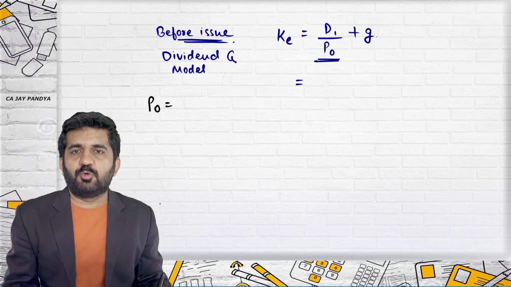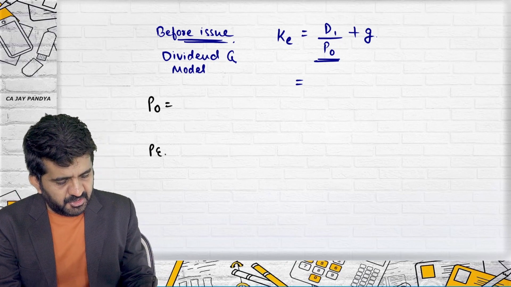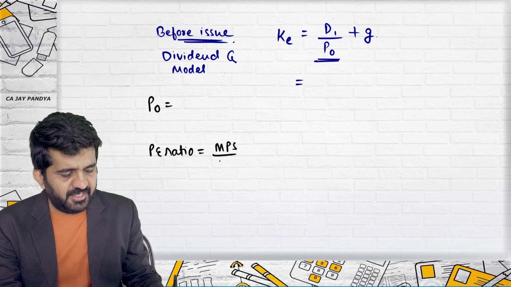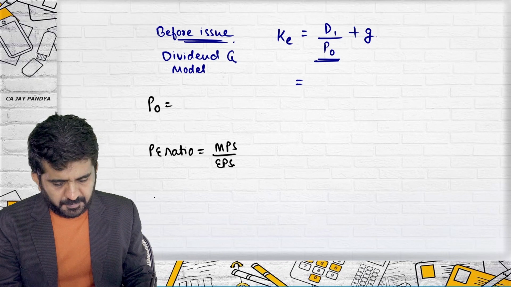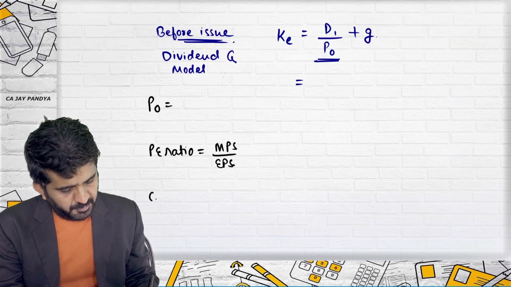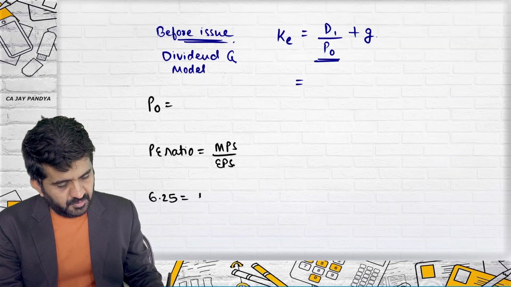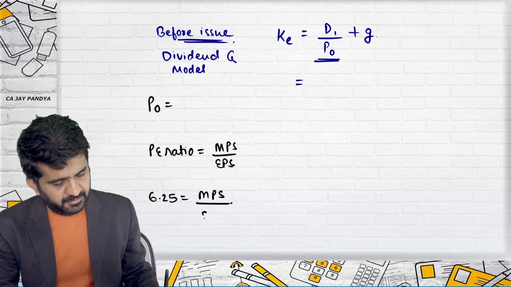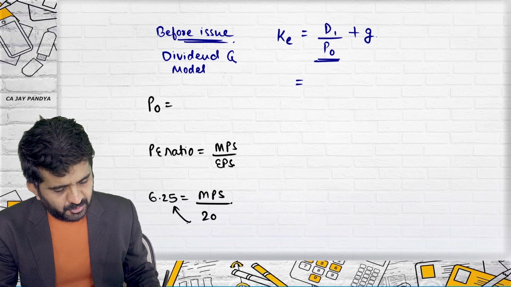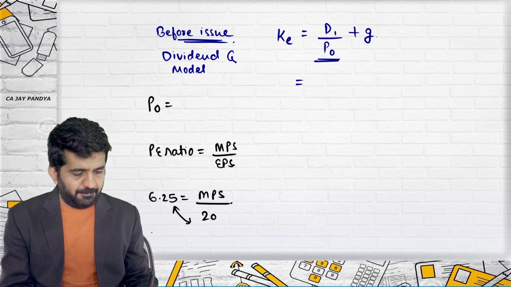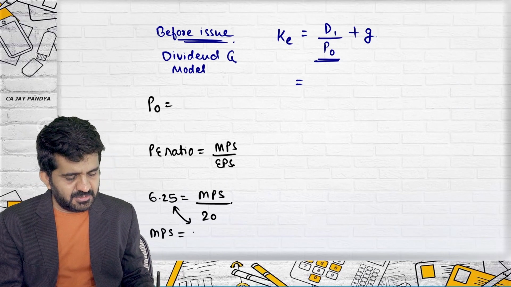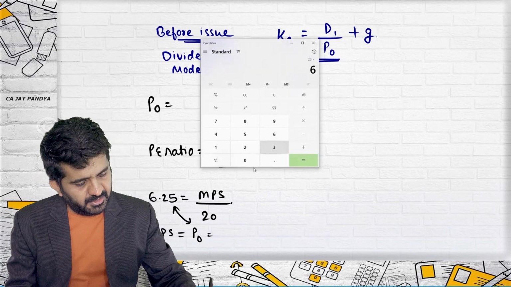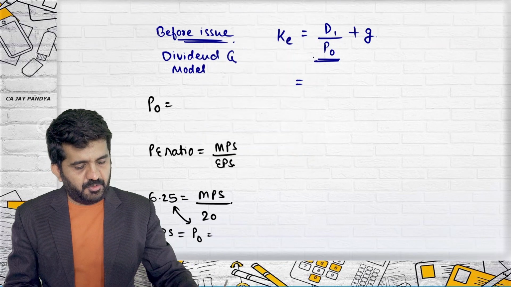Try to concentrate on how to find out P0. We know PE ratio is MPS divided by EPS. What is PE ratio? 6.25. MPS we are not knowing. EPS we are knowing, EPS is 20. So 20 into 6.25 is nothing but MPS, which is P0, which is 120.